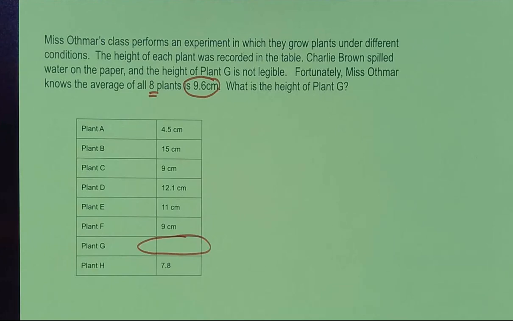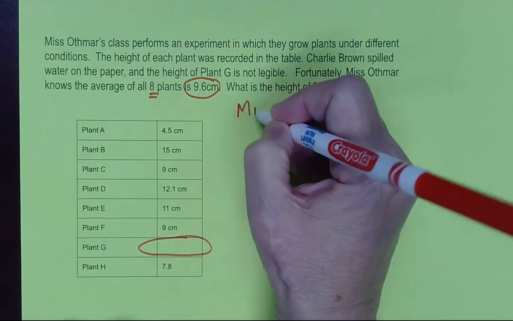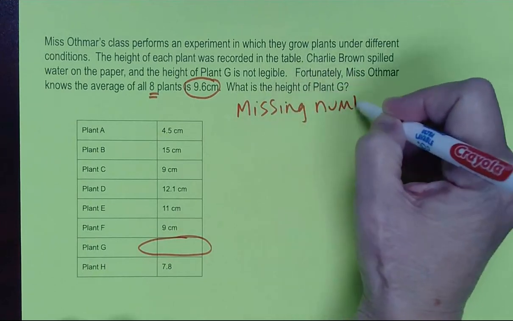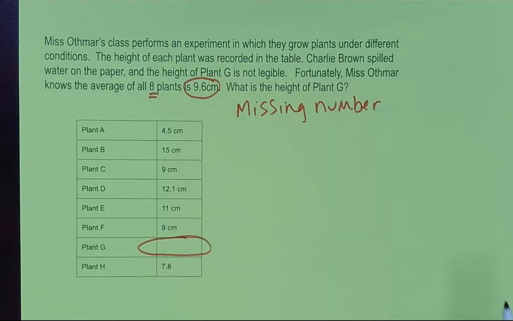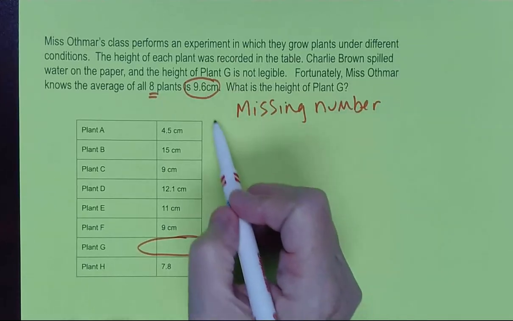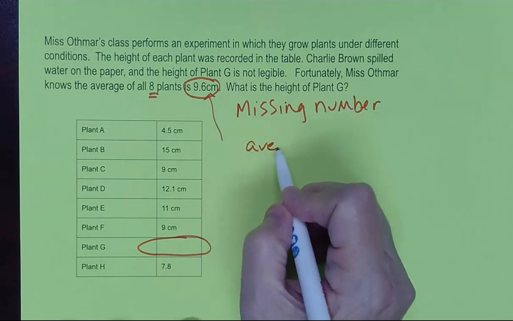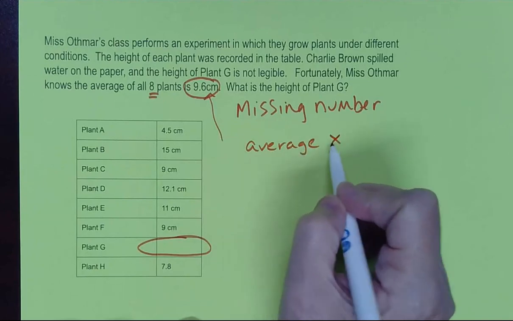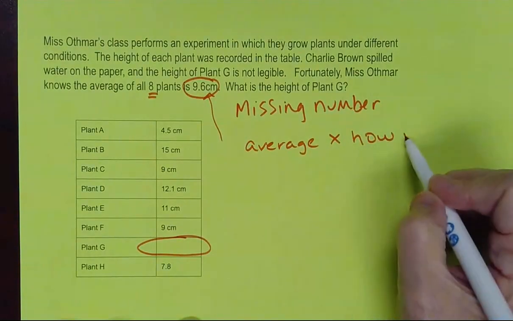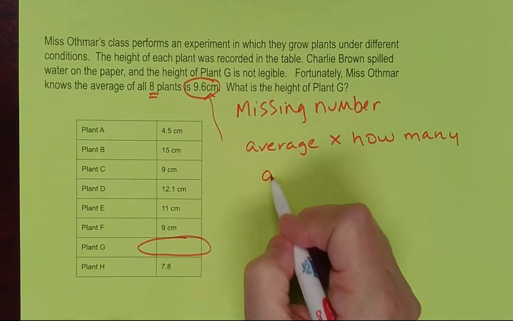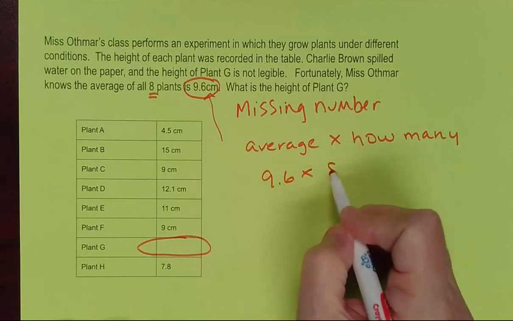So to find missing data, this is a question where we're trying to find a missing number from my list. What you're going to do is take the average that we want and multiply the average times how many numbers we have. So in this case, we're going to take 9.6 times 8 plants.